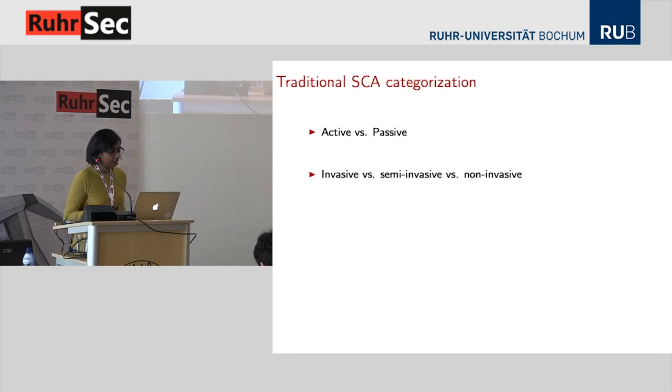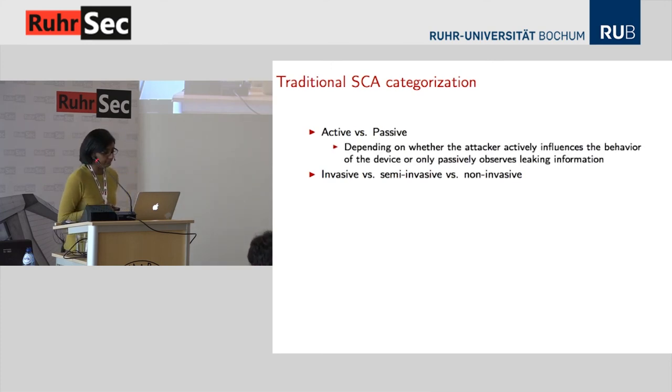Traditional side-channel categorizations are twofold. You have active versus passive, and invasive versus semi-invasive versus non-invasive. These are the categories that have been used for embedded systems and smart cards. What we mean by active and passive is this: you have your attacker, and it matters how extensively it's influencing the behavior of the device.